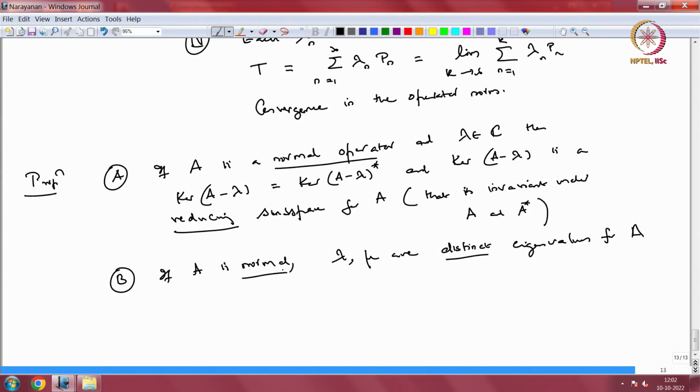We do not know whether eigenvalues exist or not. If lambda and mu are distinct eigenvalues for A, then the corresponding eigenspaces are orthogonal to each other. So, kernel of A minus lambda is orthogonal to kernel of A minus mu.